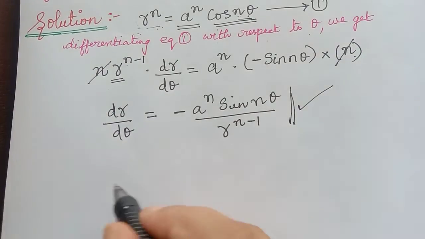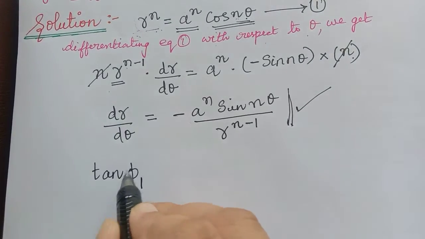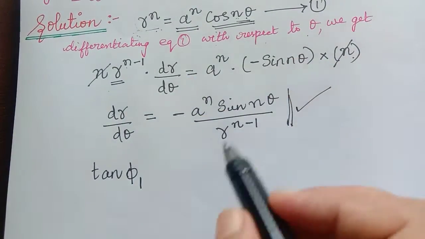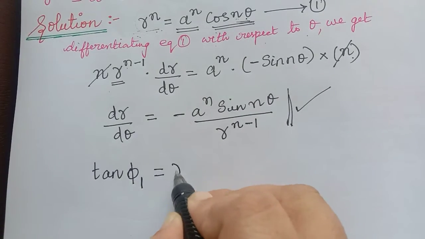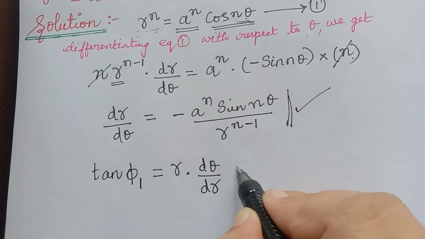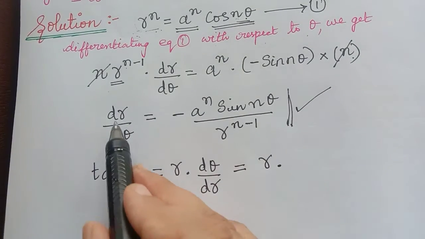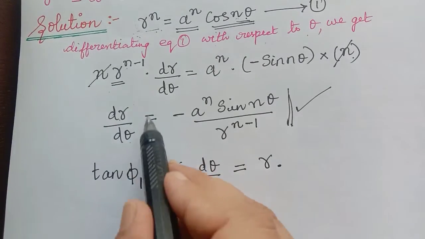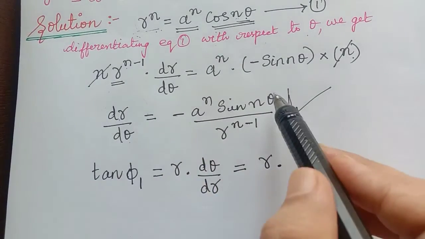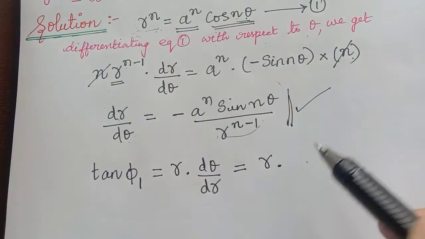Next we have to find tan φ. So tan φ1, this is φ1 because we are dealing with the first equation, is equal to r multiplied with dθ/dr. Further, dθ/dr is the reciprocal of dr/dθ, so we have to take the reciprocal of this. The denominator will be written in the numerator.